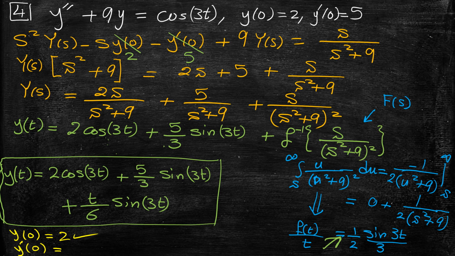The sine term will become cosine, and you will have this 5 outside, so you'll end up with 5. And the other term was t multiplied by sine. You will have t cosine plus sine. Both terms at t equal to 0 will be 0. Yeah, and that's correct. So that's the solution of this differential equation.